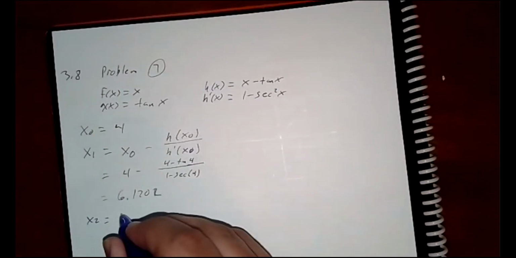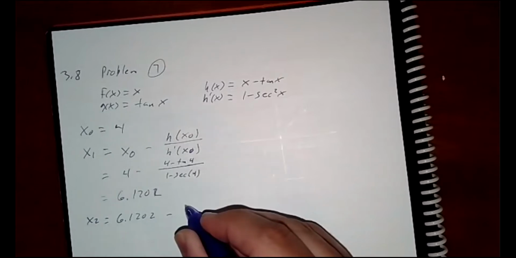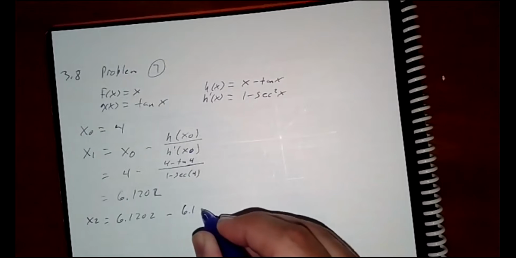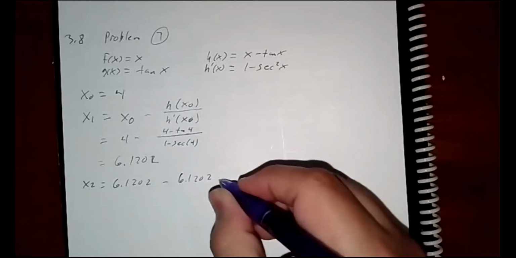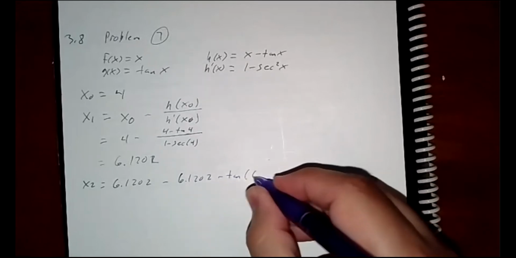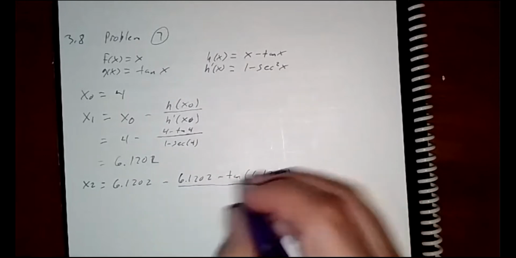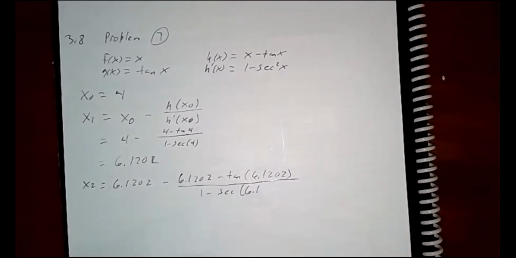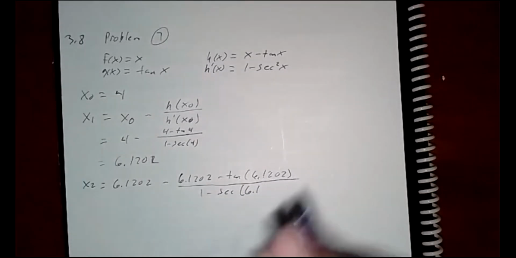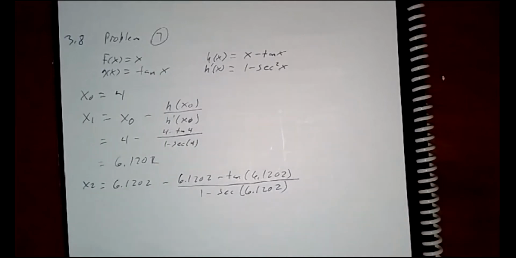x2 will equal 6.1202 minus tangent of 6.1202 over 1 minus secant squared of 6.1202.